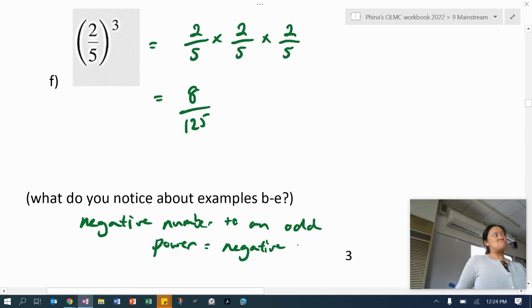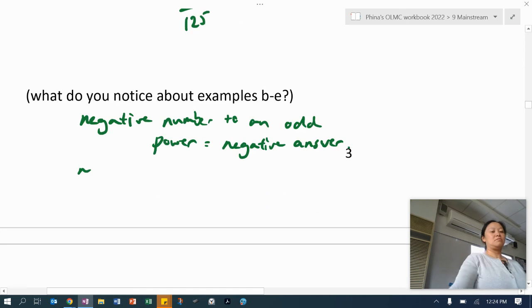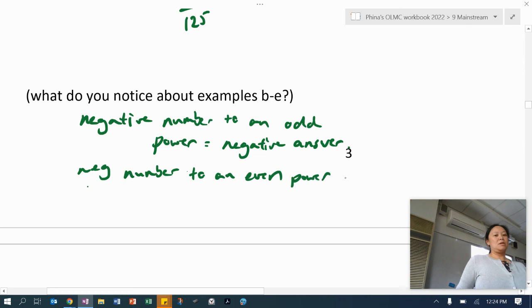And then negative number to an even power is positive answer. But this has to be inside brackets, yeah? Inside bracket.